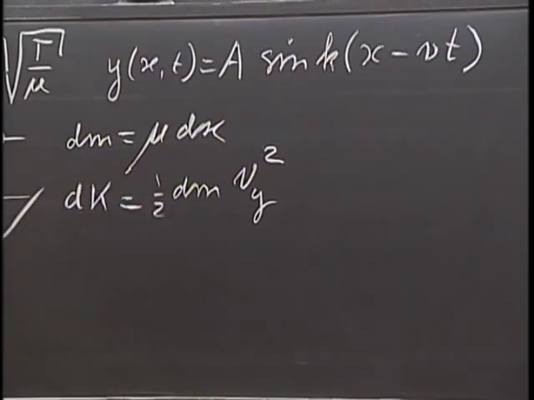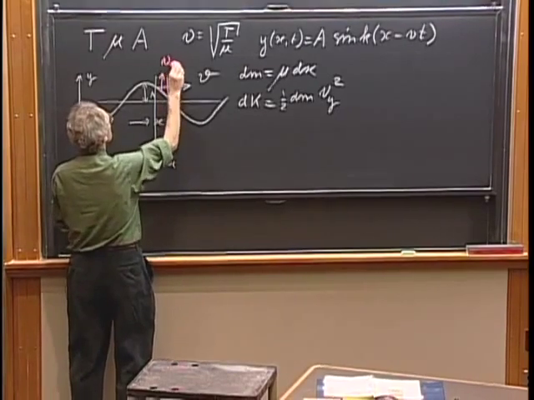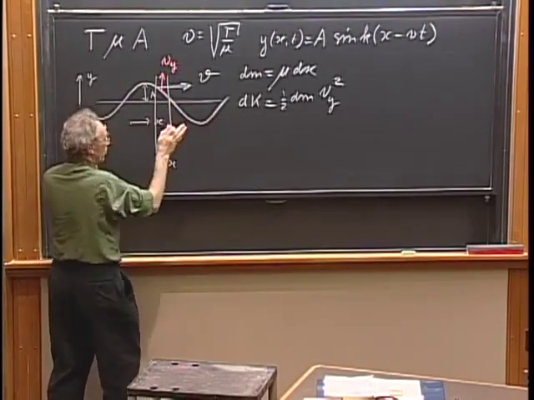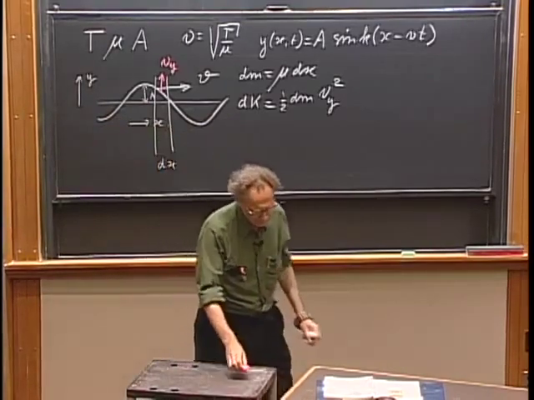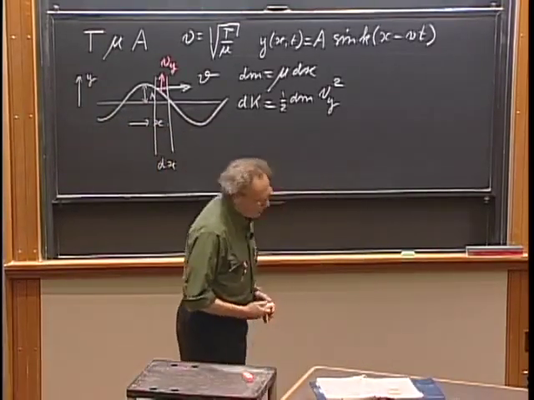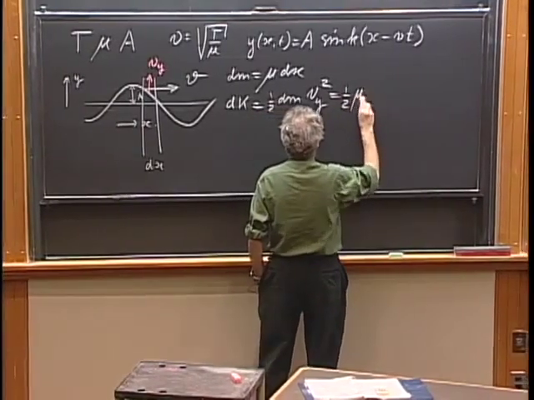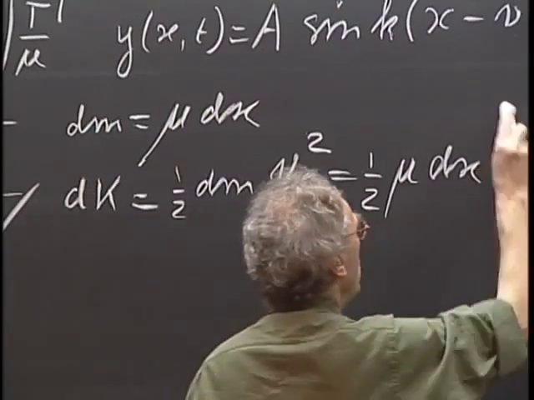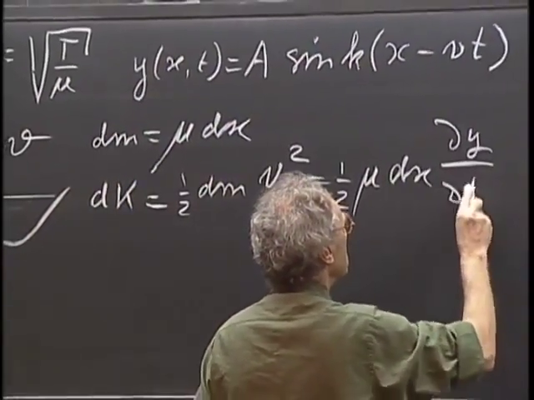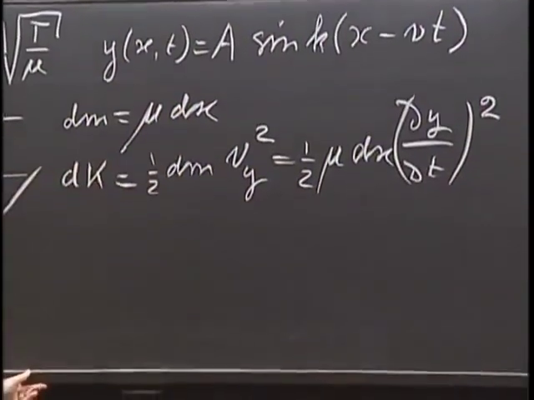If the wave is traveling in this direction, this material here is going up. A little later it will be more to the right, and so this is going up at this moment in time. So I can write for this 1/2 times mu times dx, and for v_y I can write dy/dt squared. And so the question now is, what is dy/dt?